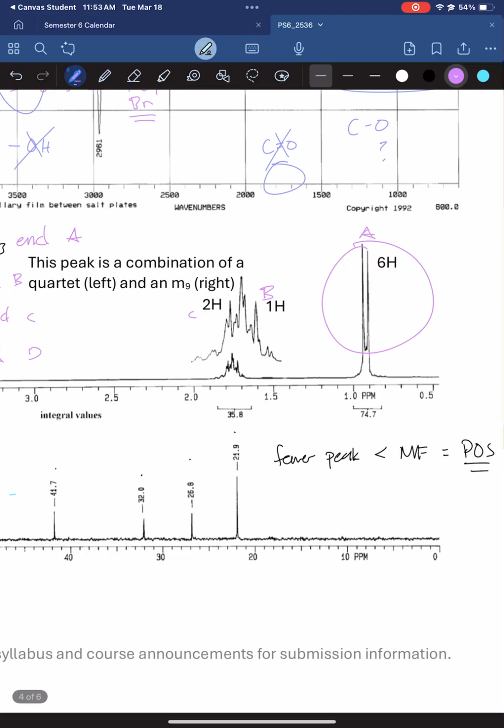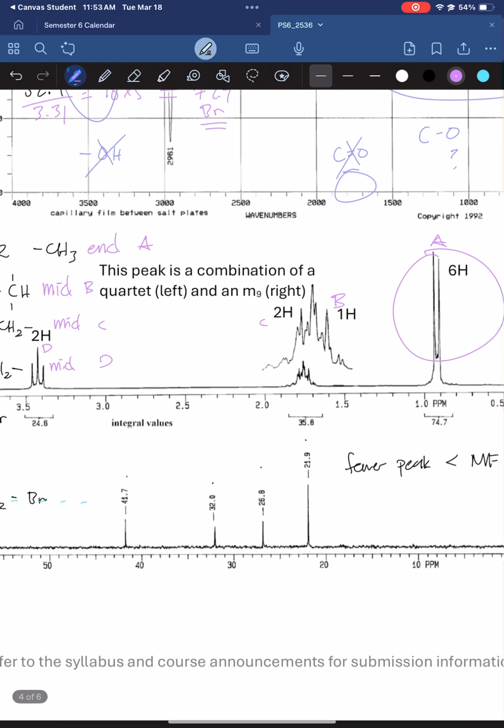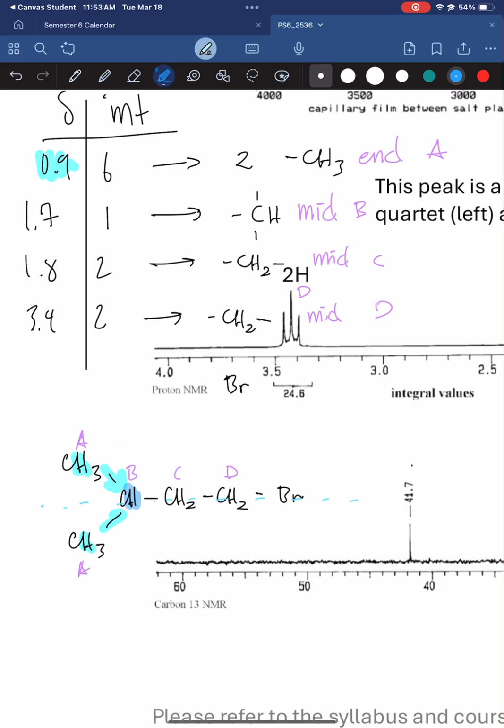Now let's look at B. B, it says here, this peak is a combination of a quartet on the left and an M9 on the right. So an M9 basically means that there are 9 peaks. According to the N+1 rule, there should be 1 fewer number of neighboring hydrogens, so there should be 8 neighboring hydrogens. I'm going to go ahead and erase all this good stuff.